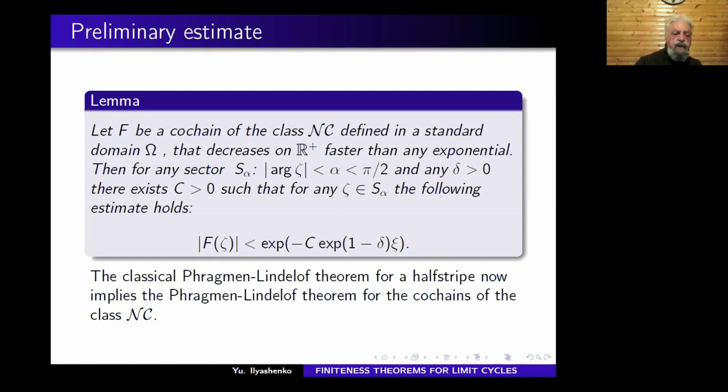The following lemma holds: let F be a cochain of the class NC defined in a standard domain omega that decreases on R plus faster than any exponential.